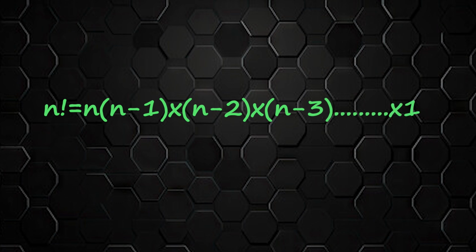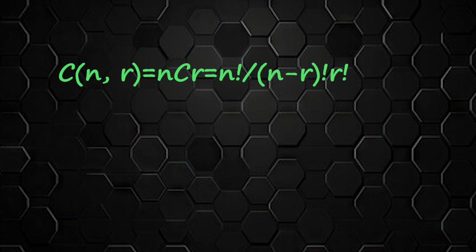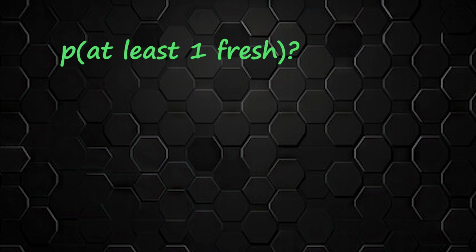This is the concept of factorial. So what's combination? The combination of n r is n factorial over (n minus r) factorial, r factorial. This is the concept of combination.